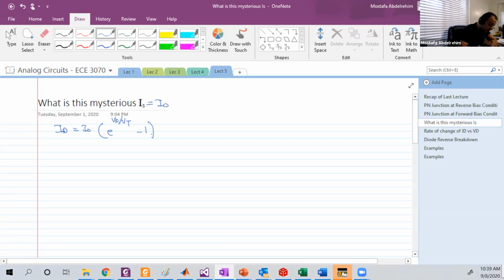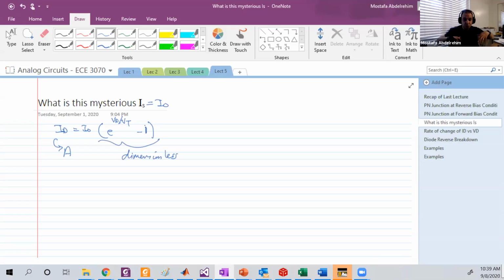First of all, this term, just like any other current, is in amperes. So the right-hand side should also be in amperes, right? But this term in here is dimensionless. Why? Basically, one is a constant, it's dimensionless, and the exponent always, forever, must be dimensionless.